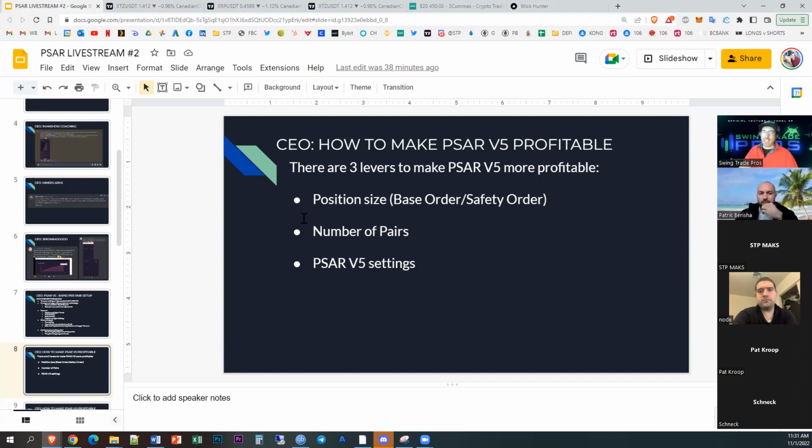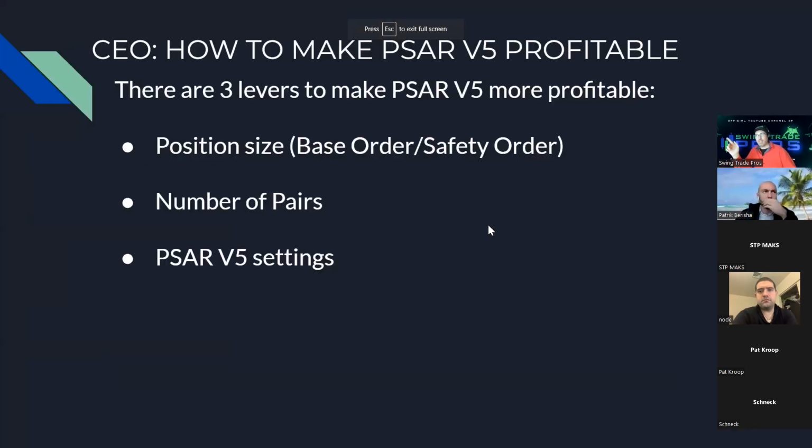Like I said before, disclaimer, before we get into this, I hope before you're watching this presentation that you have been through how to set up SAR. If you're on Wick Hunter, you've watched the Wick Hunter setup video, and you've watched our last live stream on how to get started with SAR and SAR V5 and working on settings.